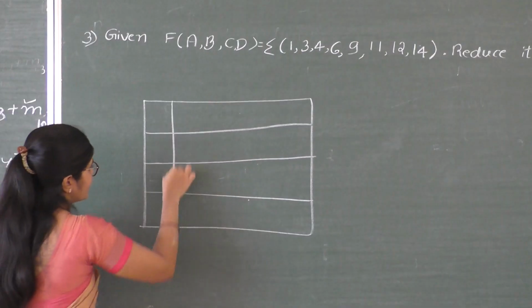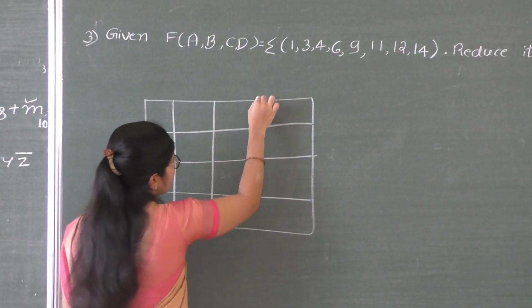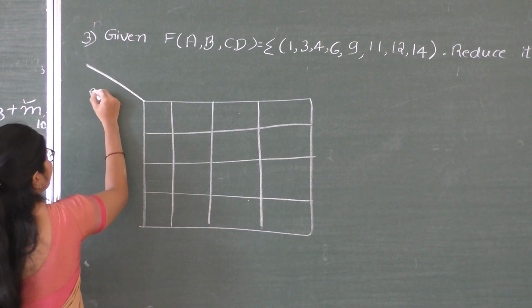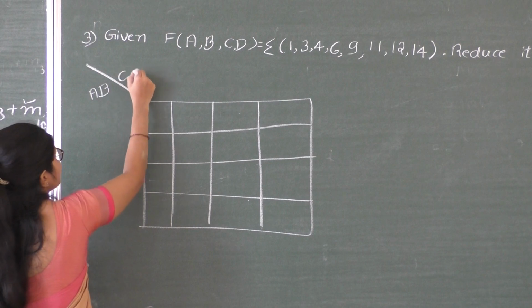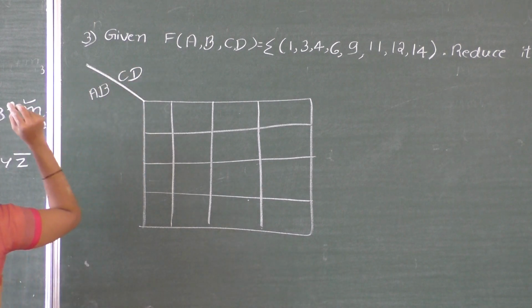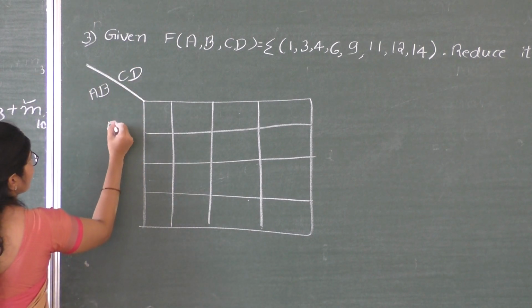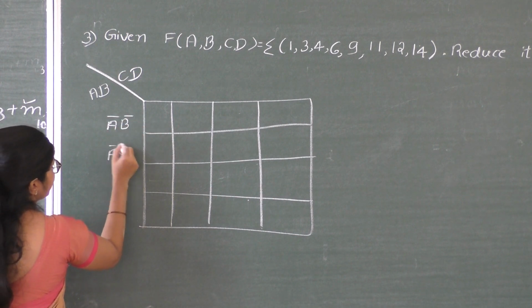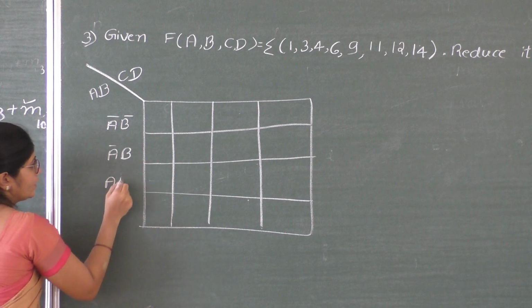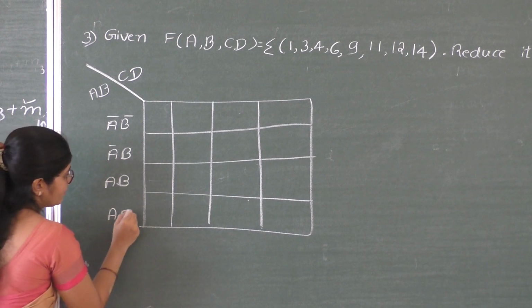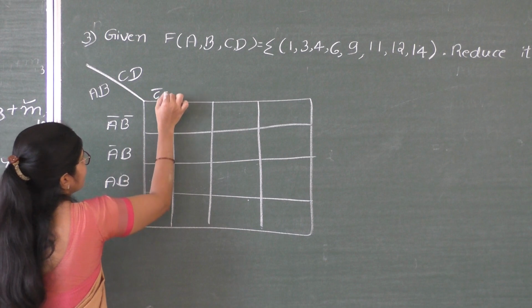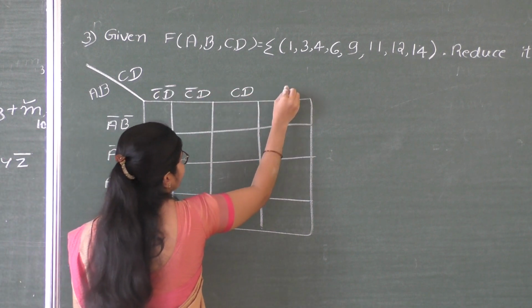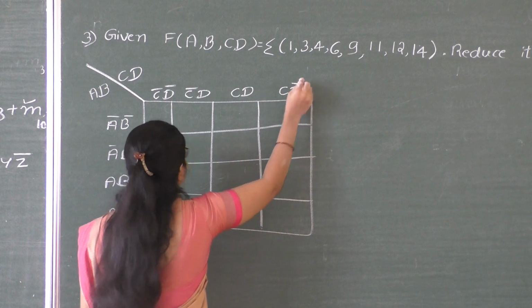In this case, the K-map is having 16 squares. Variables are A, B, C, D. A bar B bar, A bar B, A B, A B bar, C bar D bar, C bar D, C D, C D bar.